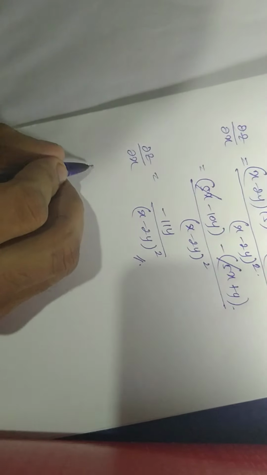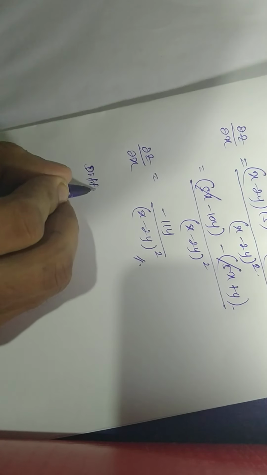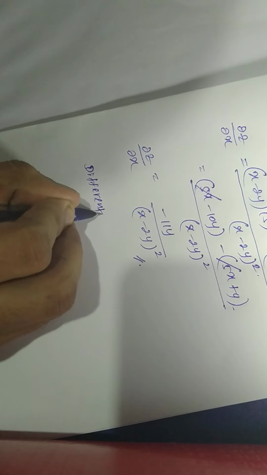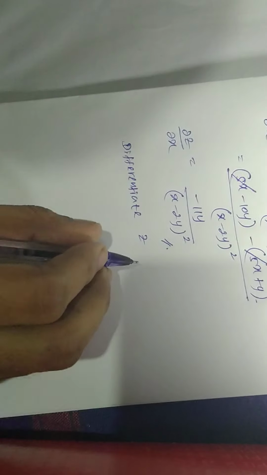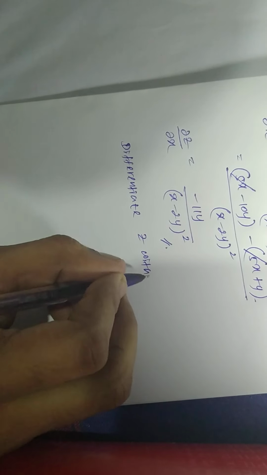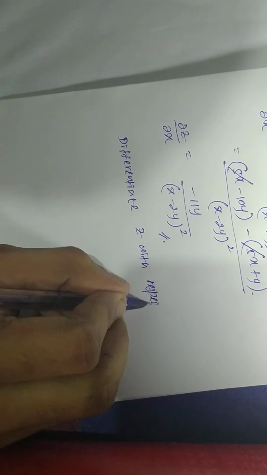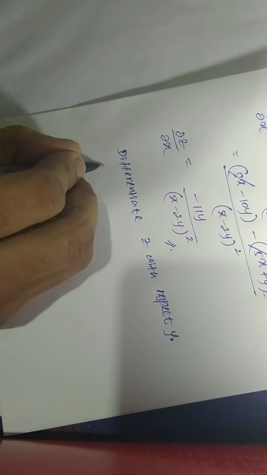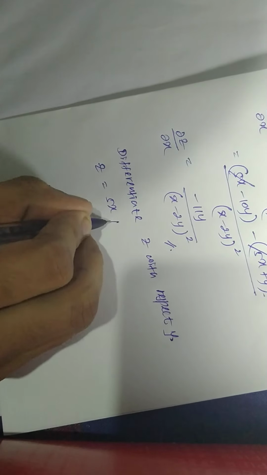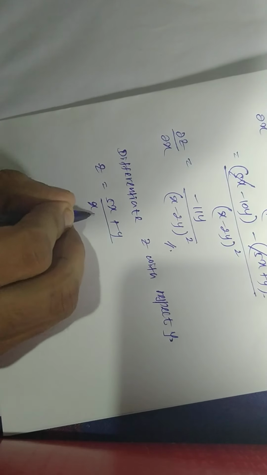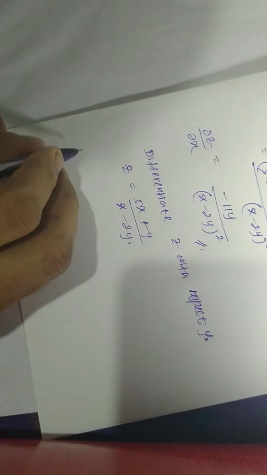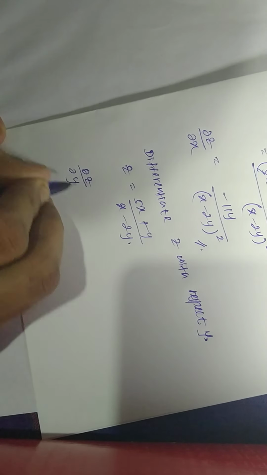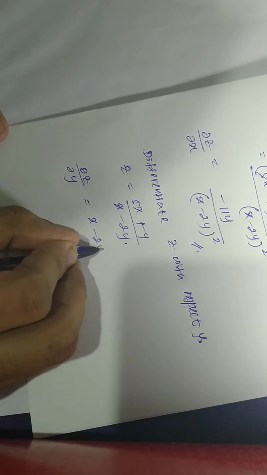Next, differentiate z with respect to y. Z equals 5 times (x plus y) divided by (x minus 2y).